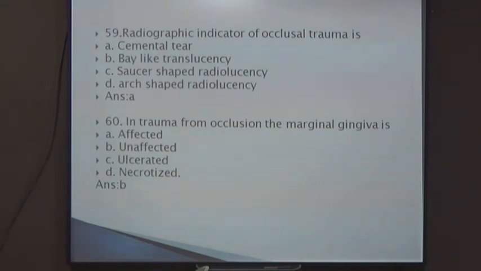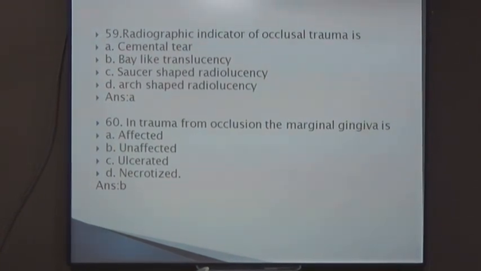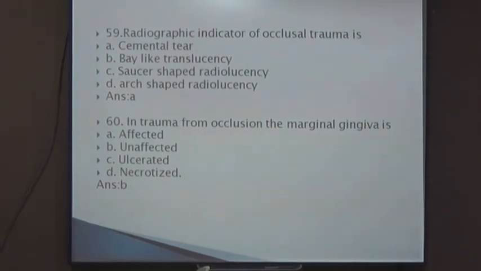Radiographic indicator of occlusal trauma is cemental tear. This is very important. Radiographic indicator of occlusal trauma is cemental tear. Arch shaped is where you will get aggressive periodontitis. Saucer shaped is where you will get periimplantitis.